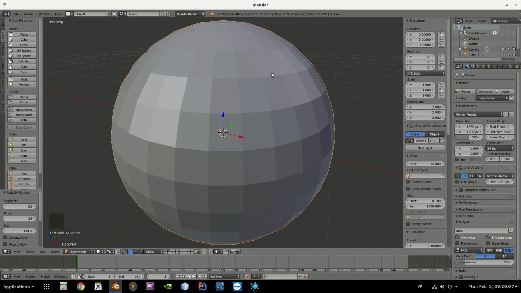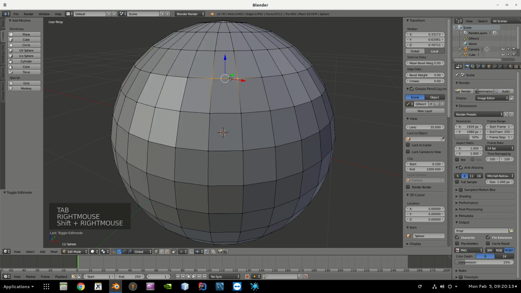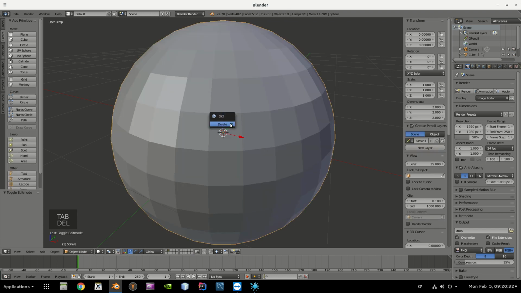It's not one solid thing. It's actually made out of a lot of polygons. This is a polygon. This is a quadrilateral. We have another quadrilateral right here. And if you join all these quadrilaterals together, they form a sphere. Is this clear?